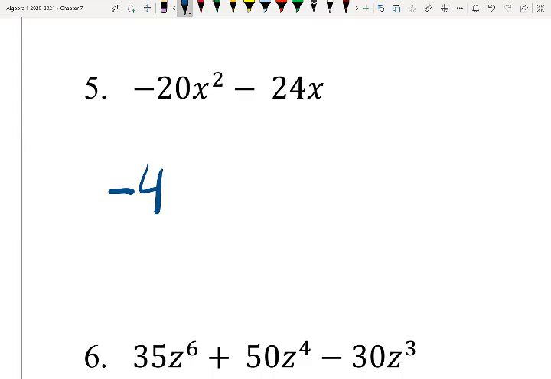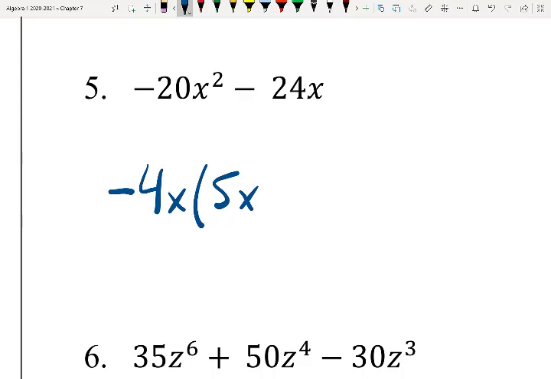Between my two terms, x squared and x, they have an x in common. Working backwards from distribution, if my negative 4x is on the outside, the first term needs a 5 to make my negative 4 into a negative 20, and another x to get back to x squared.